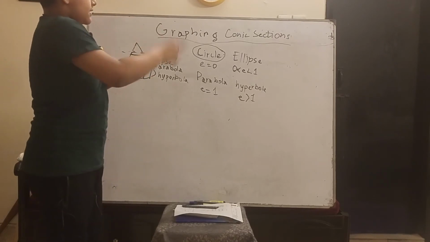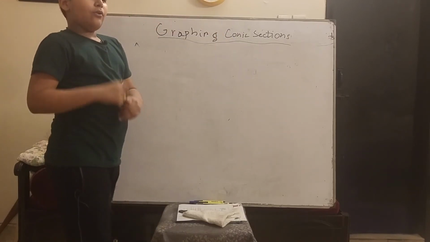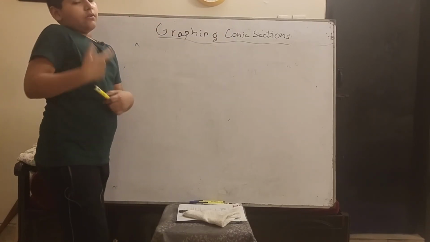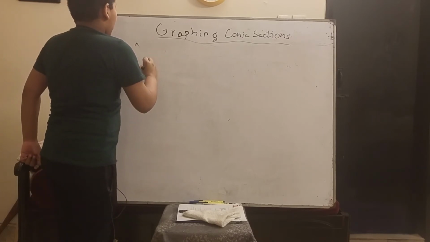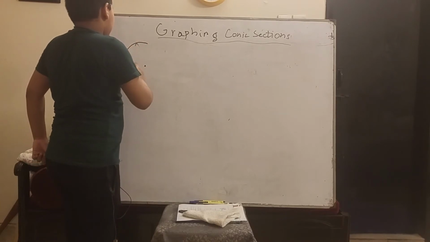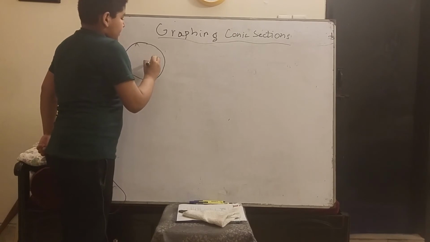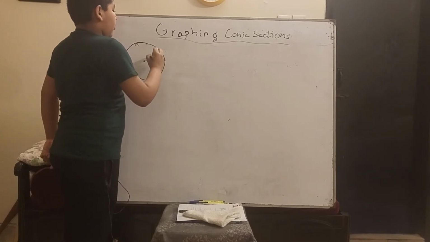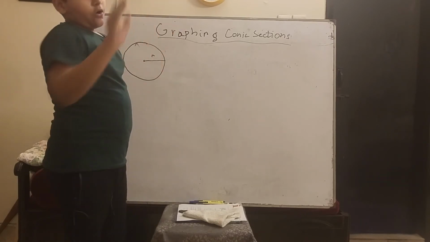So let's graph circles. Now from our video, what is pi, we learned that circles are points that are equidistant to a center point, and the distance of the center point to one point will be a radius.